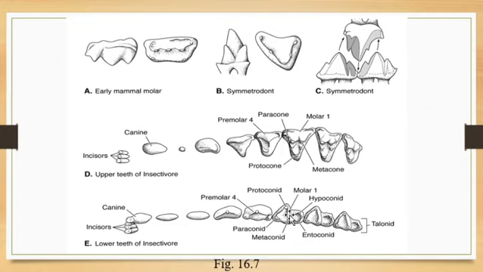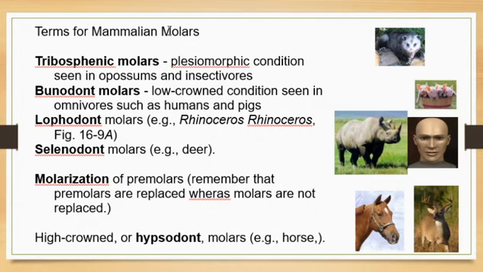Then molars 1, 2, 3. So 3 over 3, 4 over 4, 1 over 1, 3 over 3. So incisor is 3 over 3, canine 1 over 1, premolar is 4 over 4, and molar is 3 over 3. Hope you got it. Okay, next.